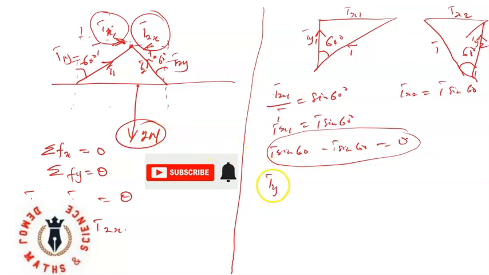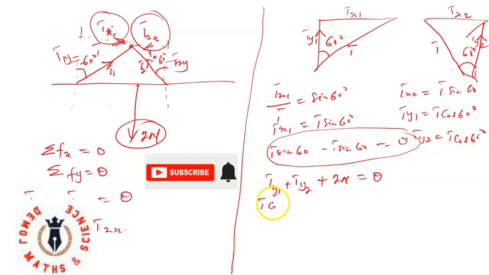So that T1y plus T2y plus 2 Newton is equal to 0. Now let's find the value for T1y from the triangle. Obviously, T1y is equal to T cos 60 degrees, and T2y is equal to T cos 60 degrees.